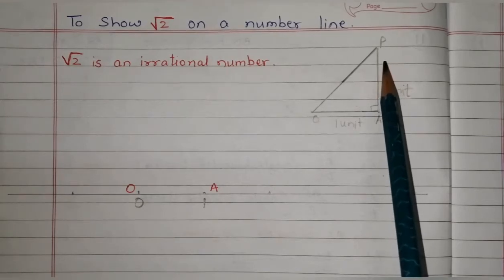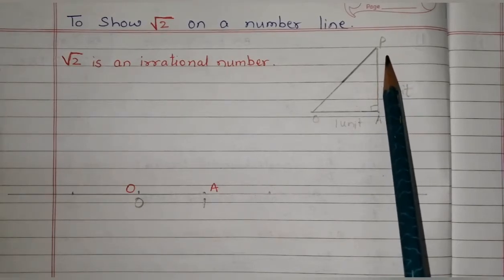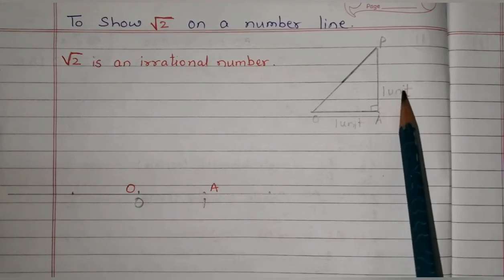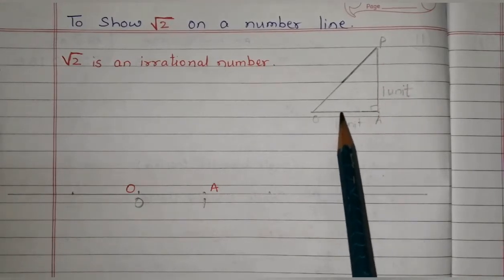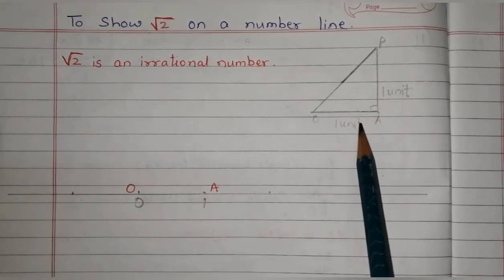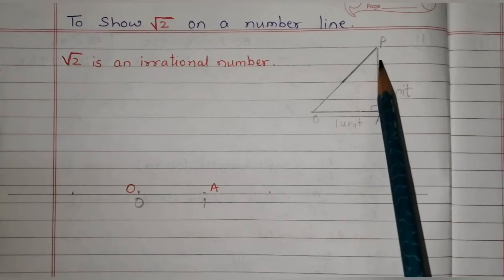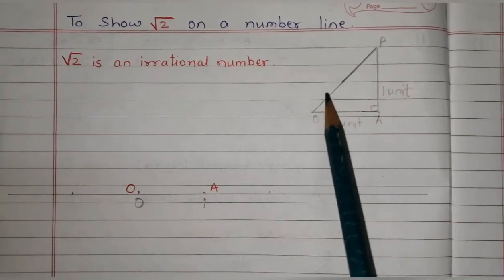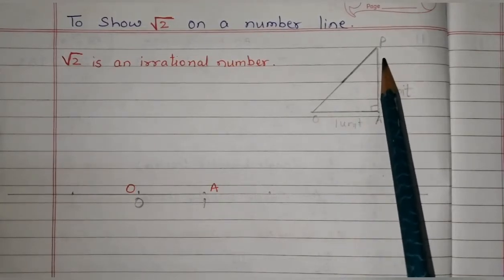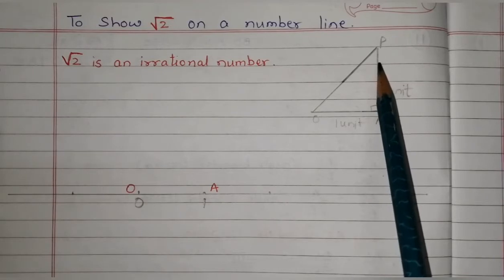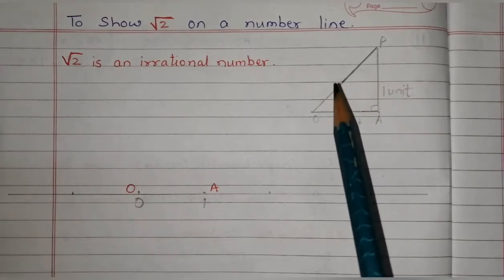The remaining two sides of the triangle, PA is 1 unit, OA is 1 unit. So we will see how to find out the length of OP by using Pythagoras theorem.